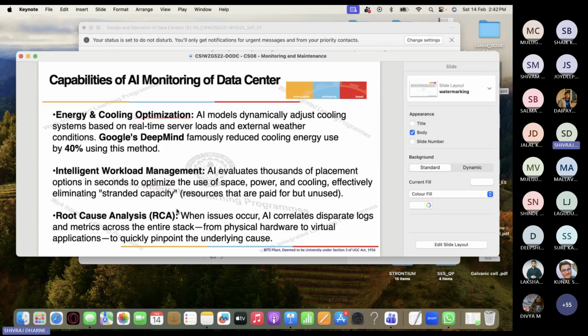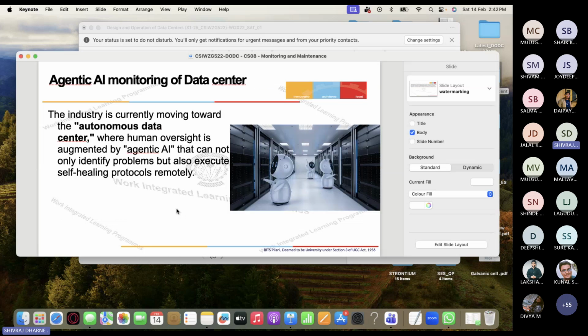So that will help you. This capability in AI monitoring of data centers will help you take the right action and have uninterrupted data center availability for users, right?